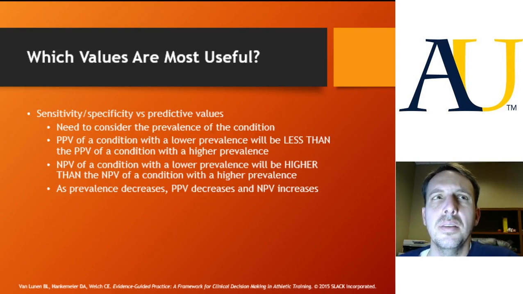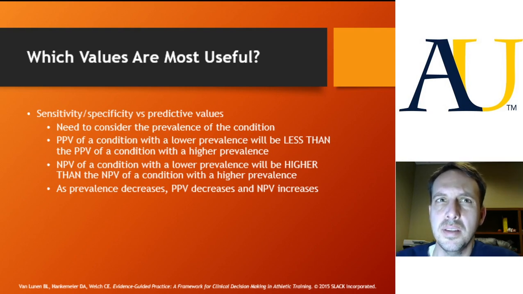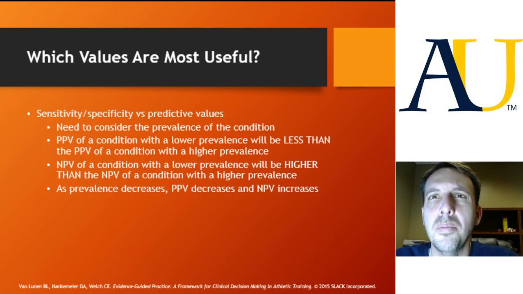But first, as we continue to explore these differences, sensitivity and specificity versus predictive values, when we need to consider the prevalence of the condition, we can use sensitivity and specificity data beforehand, whereas the positive predictive value of a condition with a lower prevalence will be less than the predictive value of a condition with a higher prevalence.